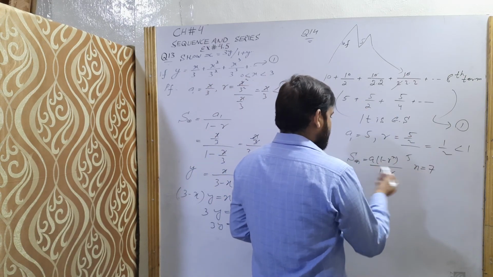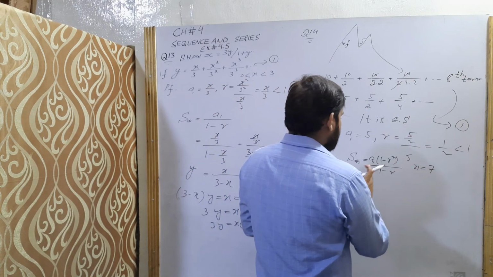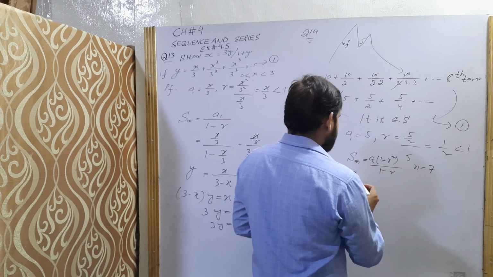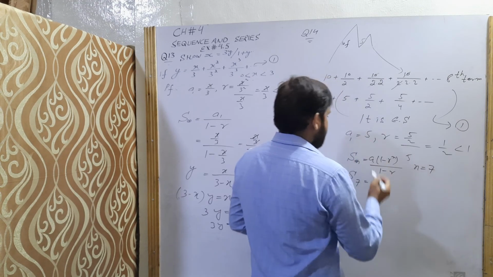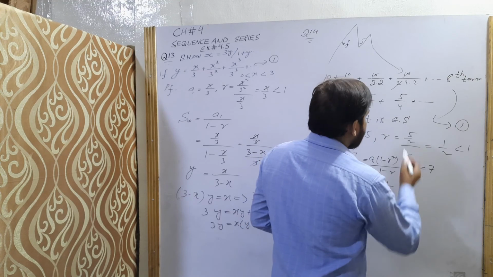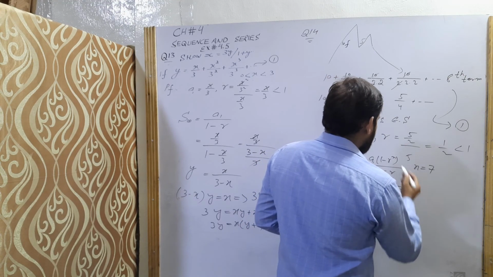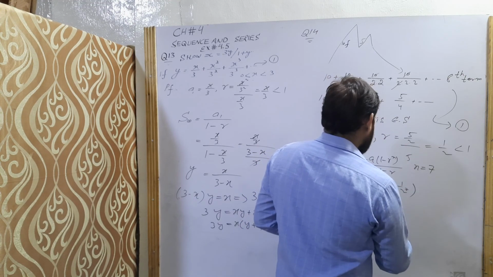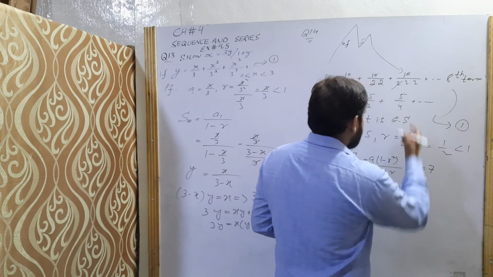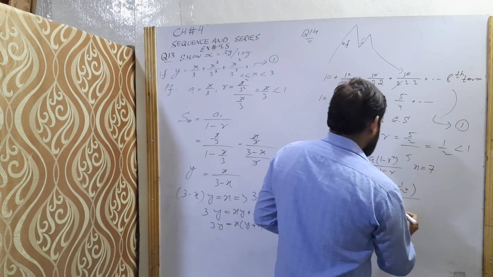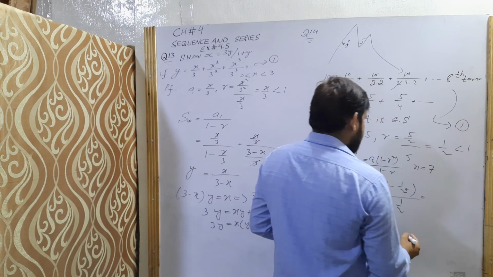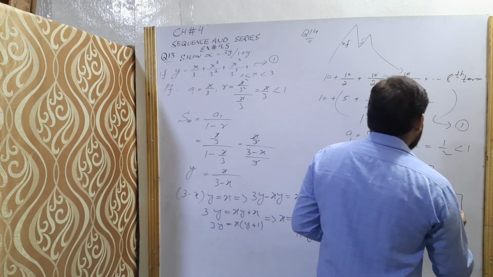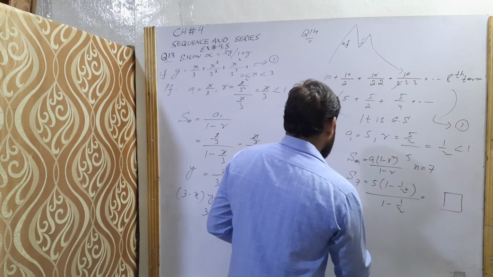So simply, putting the values of n which is 7, A1 which is 5, r which is 1 over 2, whole raised to power 7, divided by 1 minus r, which is 1 over 2. Simplify that, get the value, and simply put it in equation number 1.